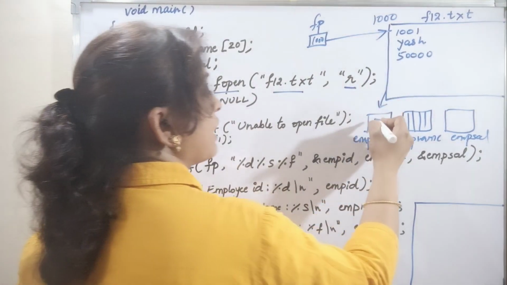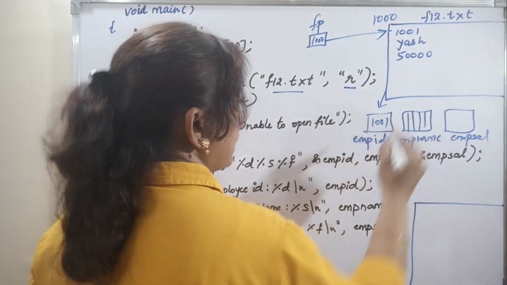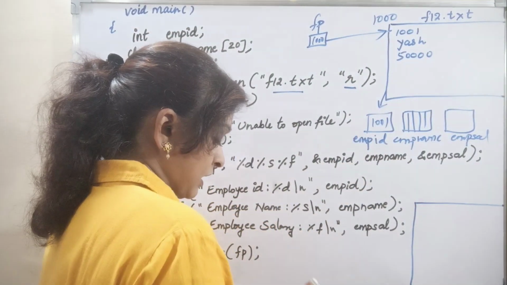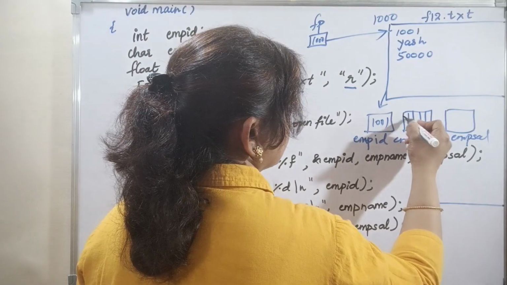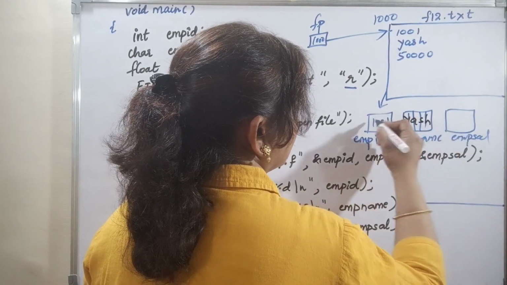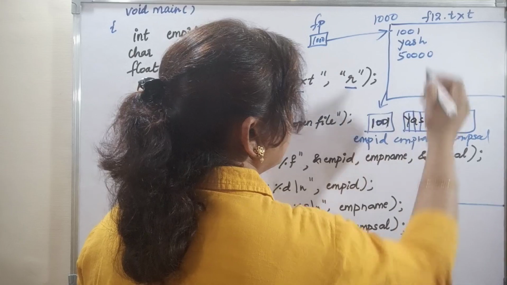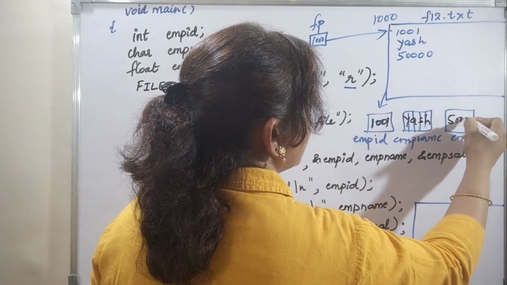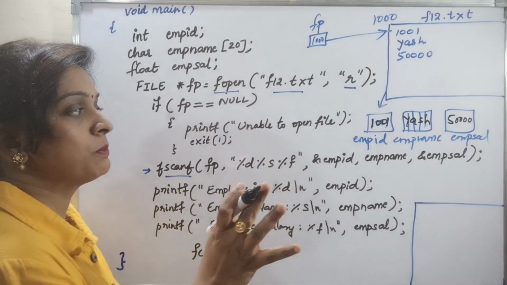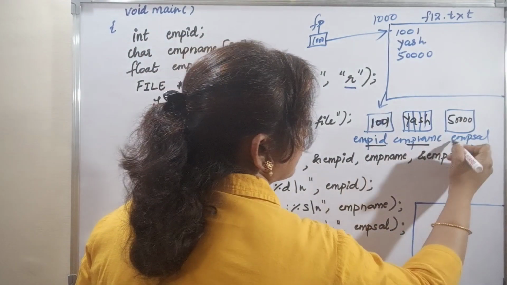So all those values will be stored here: Yash, 1001, then 50,000. All those values will be stored in these respective variable names.